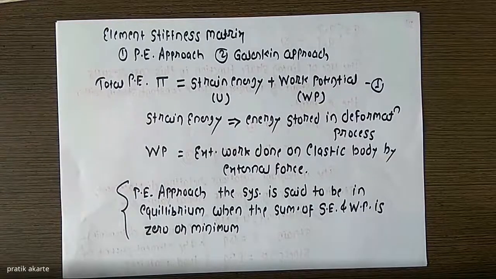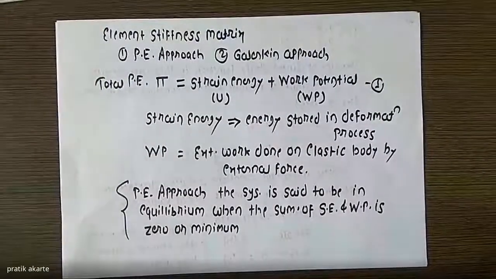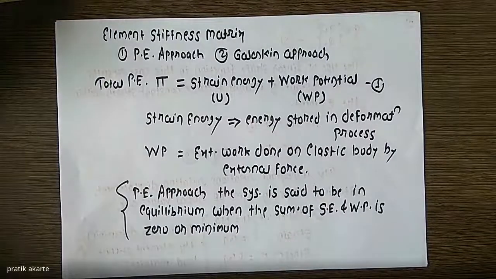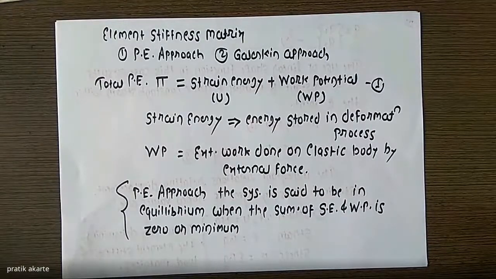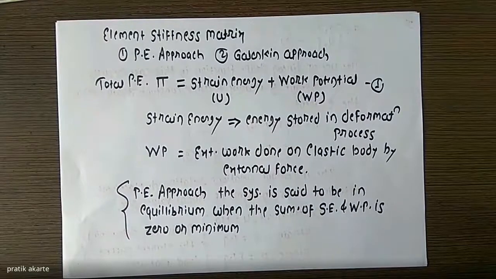What we discussed is that the total potential energy is equal to strain energy plus work potential, if distributed forces and surface traction forces are ignored. Strain energy, for our purpose, is the energy stored in the deformation process, and work potential is the external work done on the elastic body by external force.